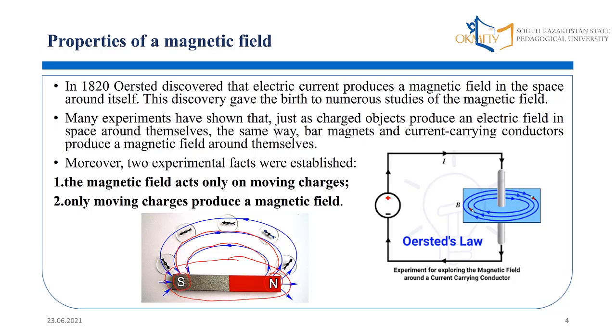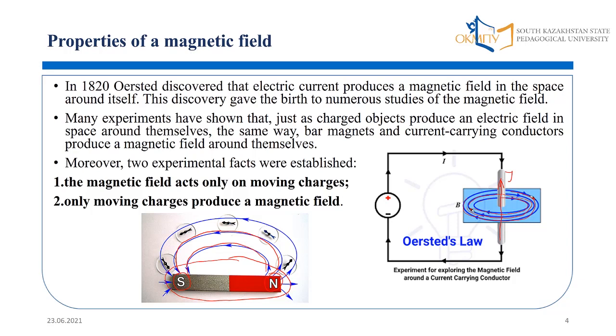The same holds for a current-carrying conductor. Around this conductor, there are magnetic field lines which also show the distribution of the magnetic field around a straight conductor. So we see that there are magnetic fields around current-carrying conductors and bar magnets.